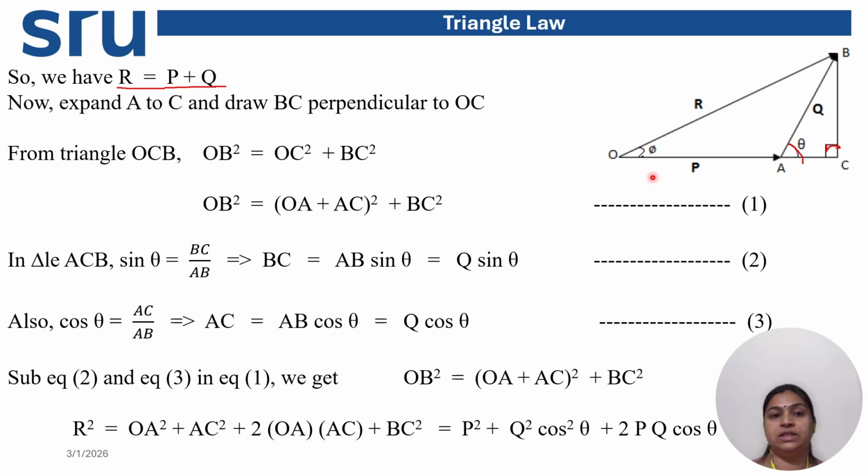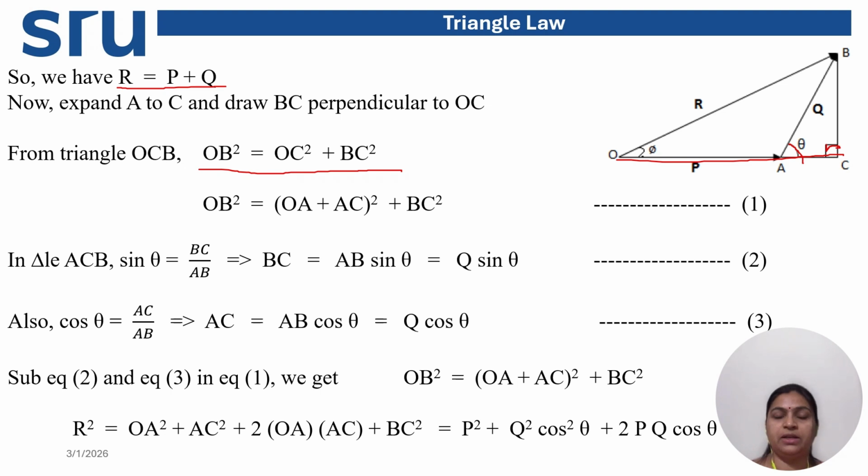We have studied that OB square is equal to OC square plus BC square, meaning this arm square plus this arm square is equal to this. Now OC is basically the summation of OA plus AC.